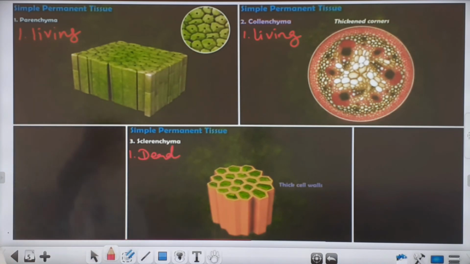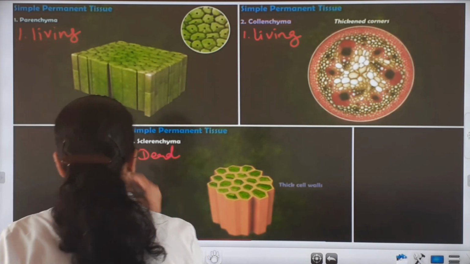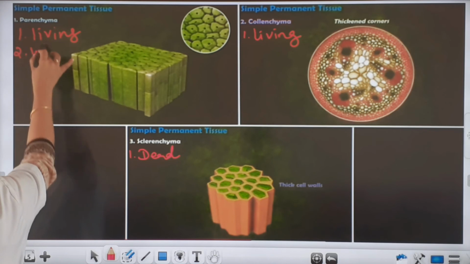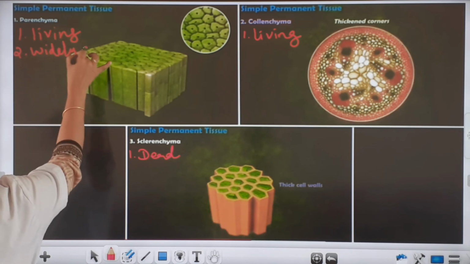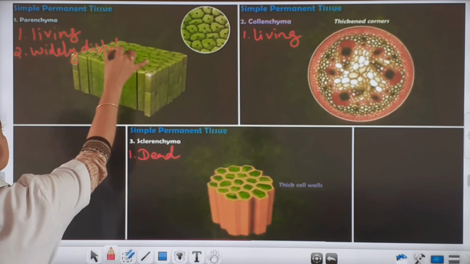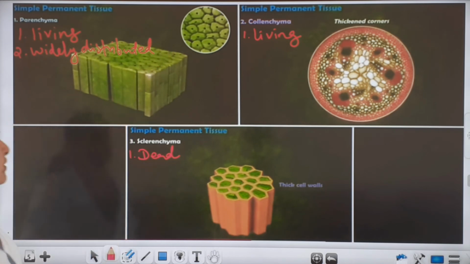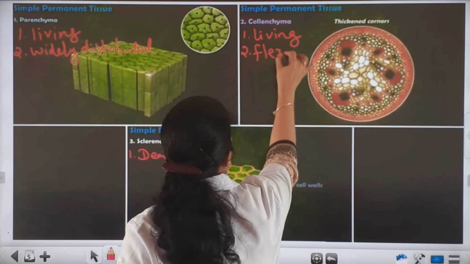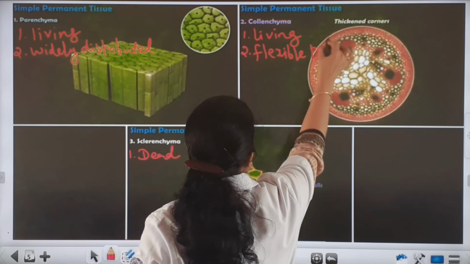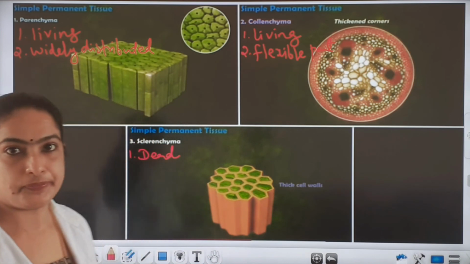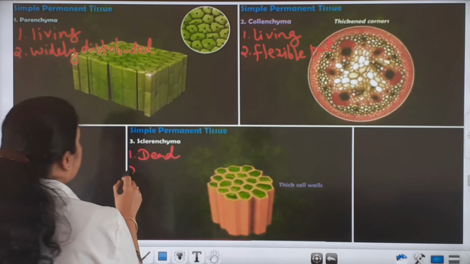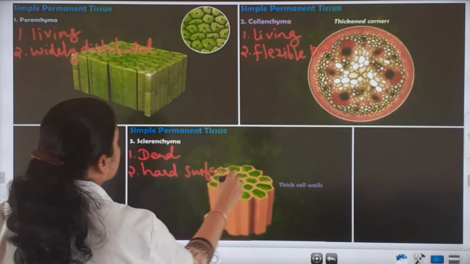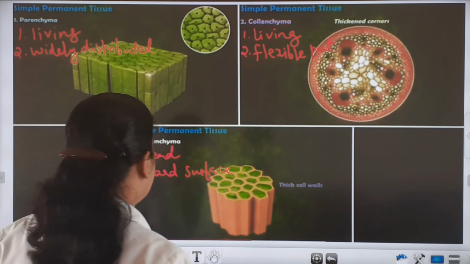That is the first point. The second point is, parenchymatous cells are widely distributed in the plant body, collenchyma can be seen in the flexible part of the plant body, and sclerenchyma in the hard surface of the plant body.